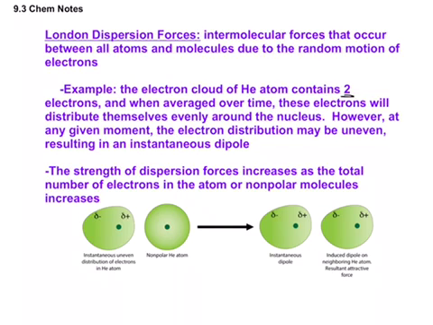And it only lasts for a brief second because those electrons are constantly moving. The strength of the dispersion force increases as the total number of electrons in the atom or nonpolar molecule increases. So the more electrons, especially valence electrons, the stronger that London dispersion force will be.